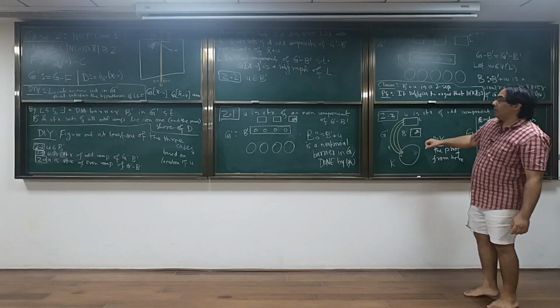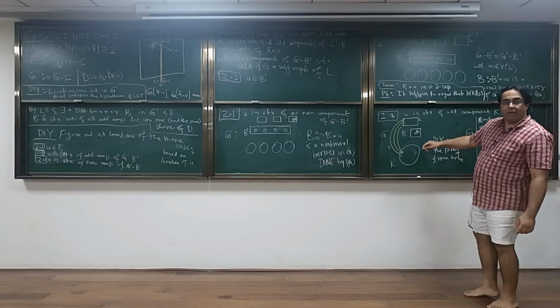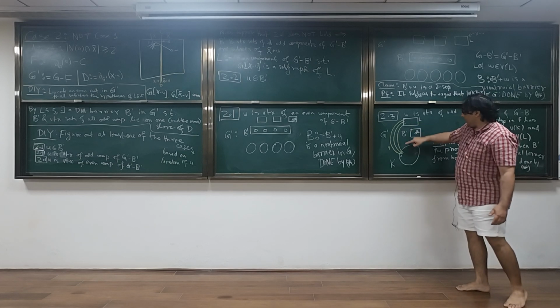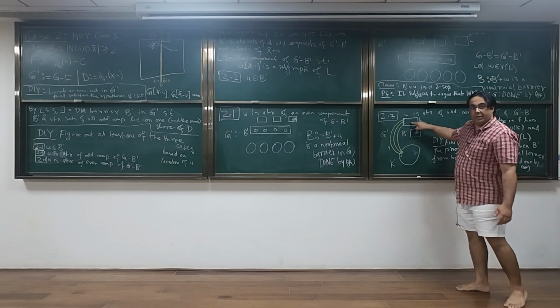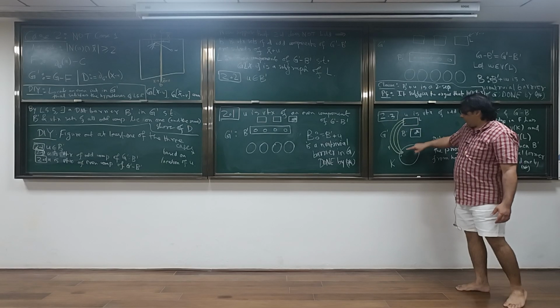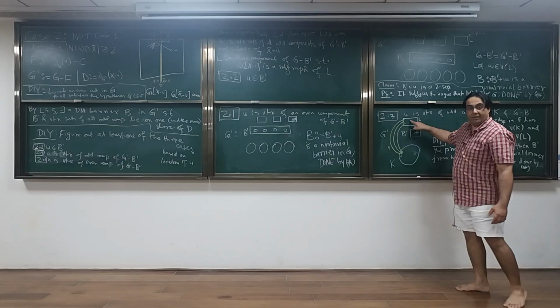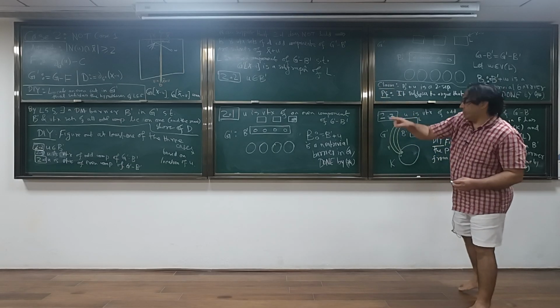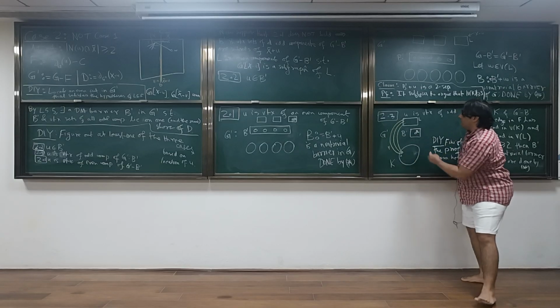Can it be in L? No, it can't be in L. Because if it was in L, then you would have a non-yellow edge going from U to that vertex. But non-yellow edges don't exist going from here to there. Right? So therefore, that fellow W, can it be equal to Z?